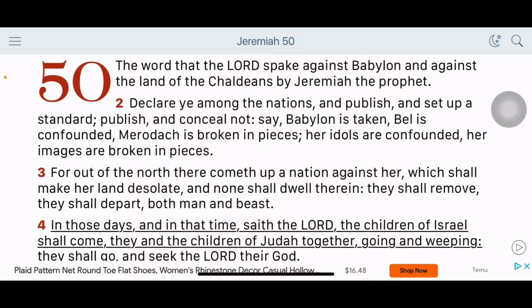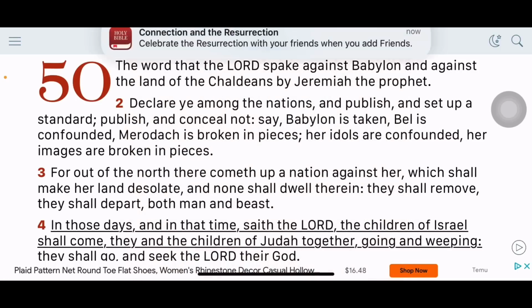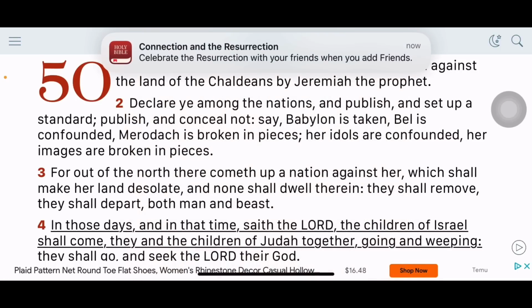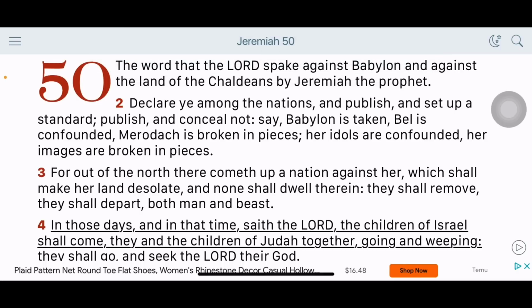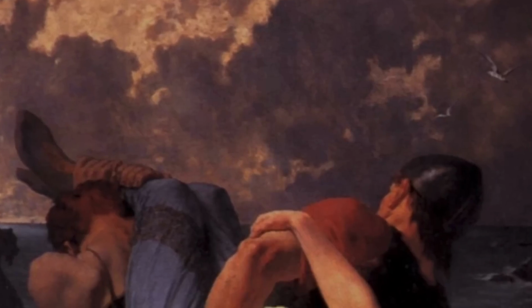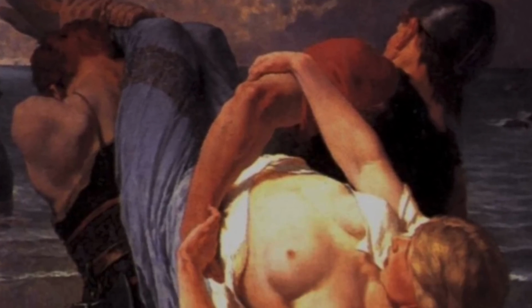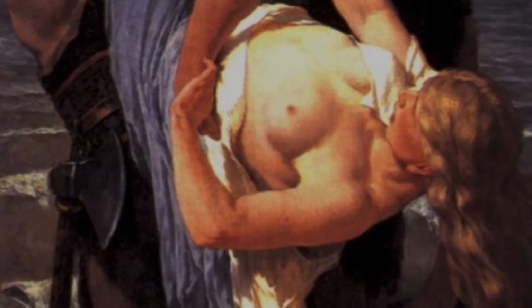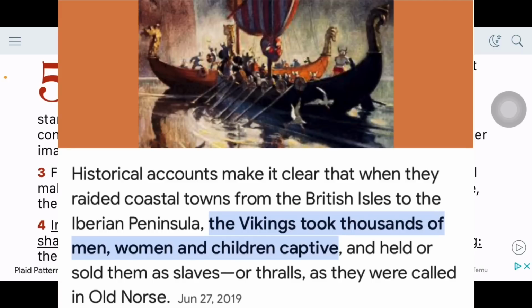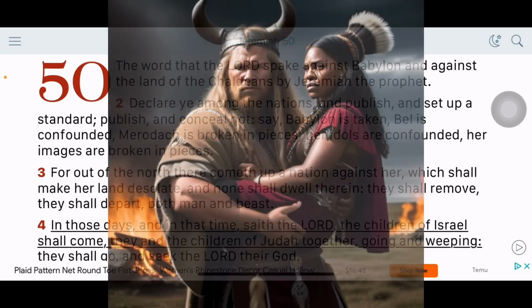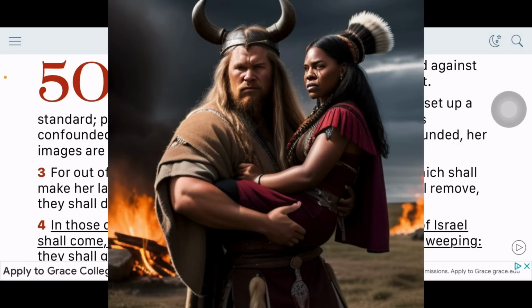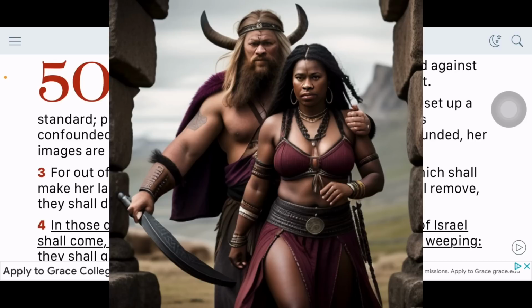And it's not in recorded history exactly what they did when they got to Quebec, but knowing the Vikings and knowing what the Vikings did, it is safe to conclude that they went there to take women. That's what the Vikings did. They went there to take women. So with that being said, in order to take women, you have to kill a lot of men. Okay? Some people will come from north, kill a lot of people, and then leave. That's literally what happened with the Vikings going into Quebec.